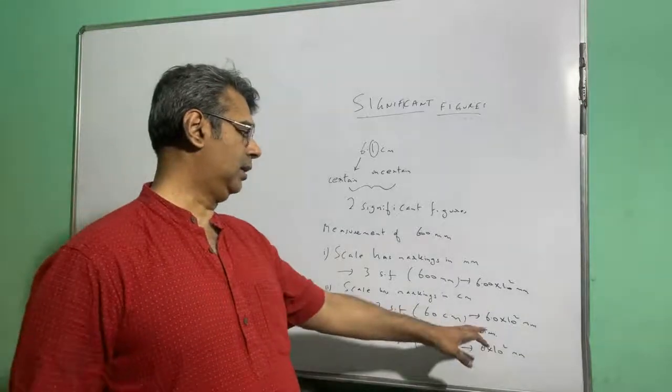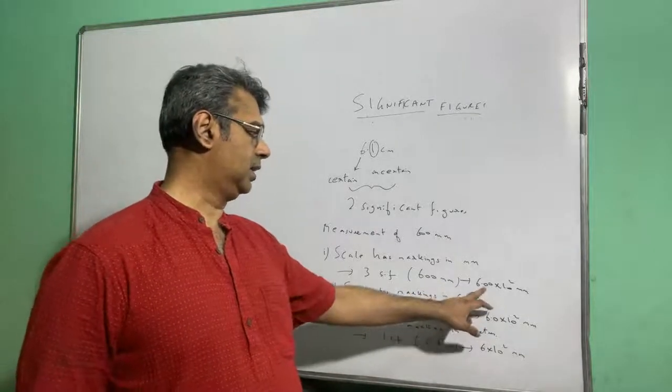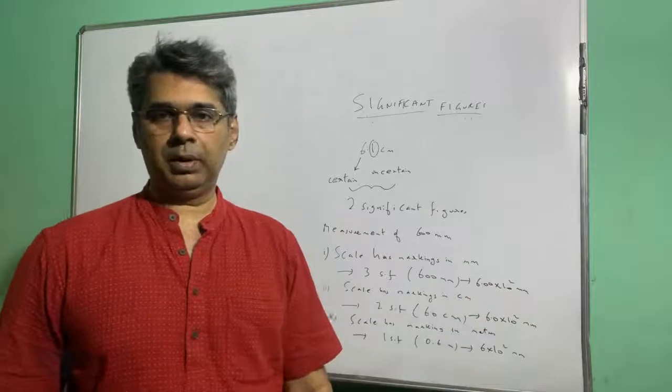So you can write 600 as 6.00 into 10 to the power 2.